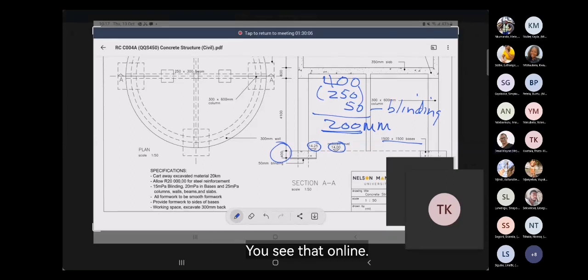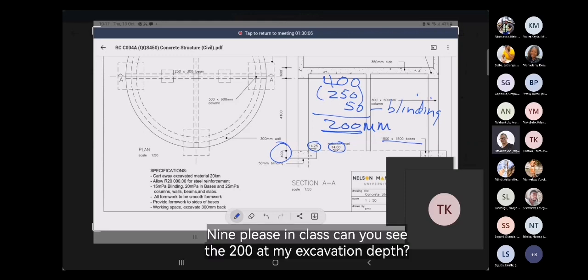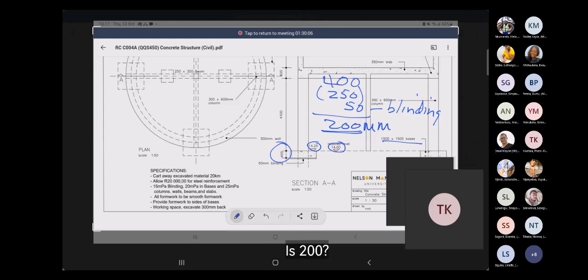You see that or not? You see that? Guys, please, in class, can you see the 200, that my excavation depth is 200? Online, can you see it's 200? I've got one saying yes. Only one person can see it online.